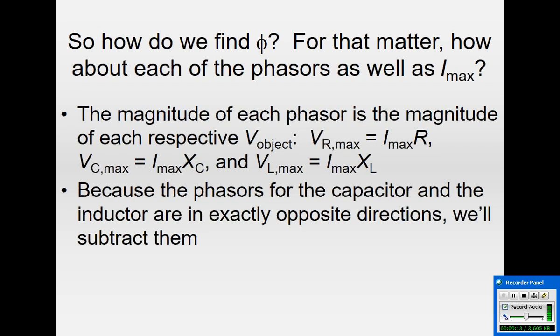The nice thing about using the phasor diagram is that you can see that the voltage across the inductor is always going to be opposite in direction to the voltage across the capacitor.